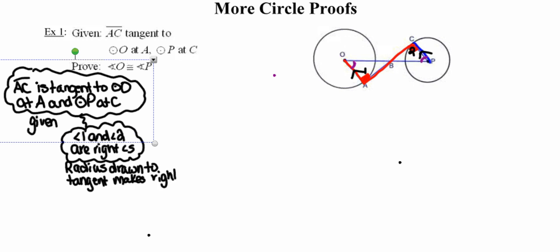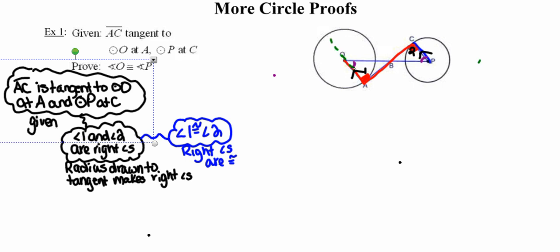The fact that both of those are right angles makes them congruent. So now my next statement, I'm going to say that they're congruent to one another. And that's an oldie but a goodie. It's one that we all know and are familiar with. And if angles 1 and 2 are congruent to each other, they're alternate interior angles now for the green lines.